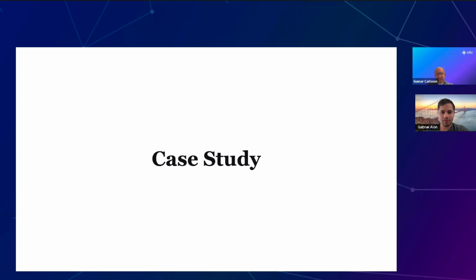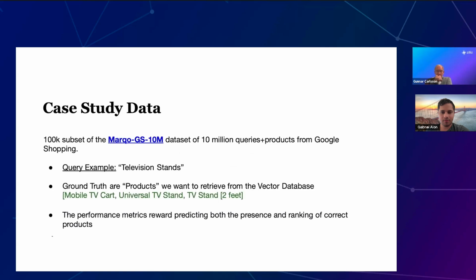Fantastic. Thank you, Gunnar. So Gunnar has laid out the theoretical foundation for what we do. And our software toolkit basically can take in any machine learning models or data sets and do this automated analysis. So we're going to walk you through a case study specifically designed for vector databases, and the particular data set is e-commerce.